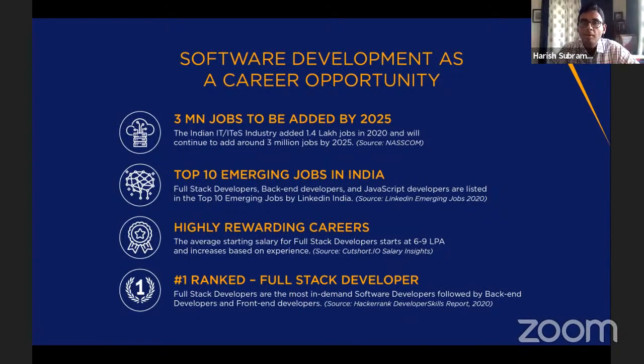Given that so many millions of jobs are being added every year in this space, people are struggling to find qualified engineers. It's not restricted to people who come out of a particular branch at some of the top colleges. Only a handful of people come out of the IITs and some of the elite colleges with a computer science degree, and they're just not enough to fill the need.